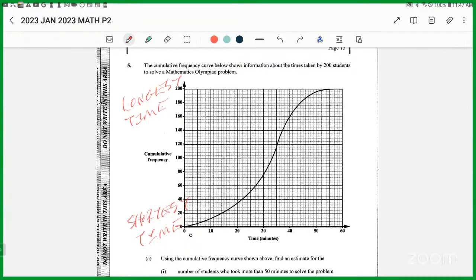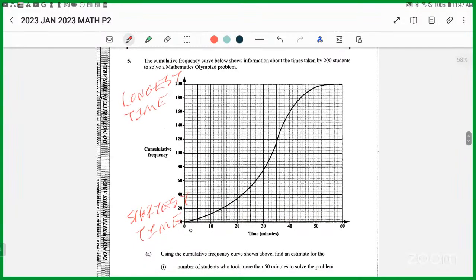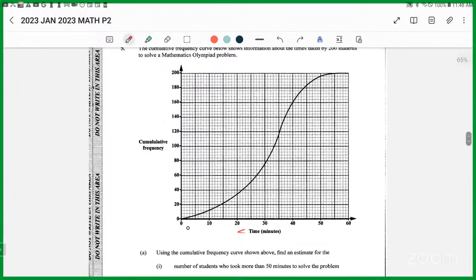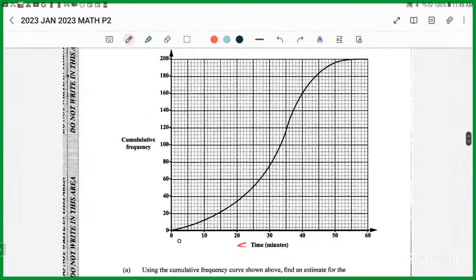They did not put any points on the graph for me to know exactly, but sometimes as you read, you will know. So I'm going to assume that it is a less than for now, showing how many students took less than any given time. For example, if you want to know how many students took less than 30 minutes, you could come to 30 minutes here, come up on the graph, and then read that number of students across here.